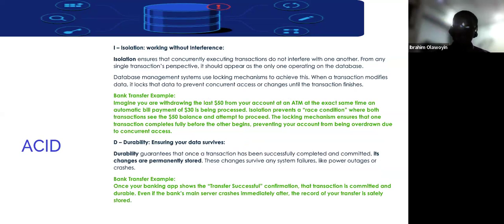So isolation simply means that in a case where we have an occurrence of a concurrent transaction. Let's say, for instance, you have 2,000 naira in your account.